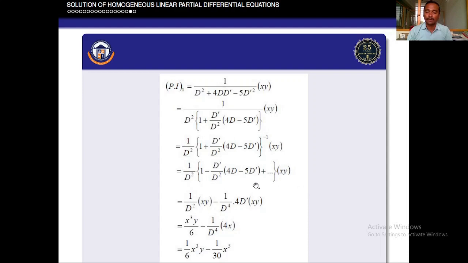Those values are fully based on the power of the y term. Here the power of y is 1, so the higher derivatives of y, that means the derivative of y with respect to y, are zero.